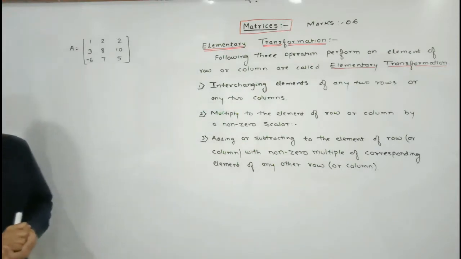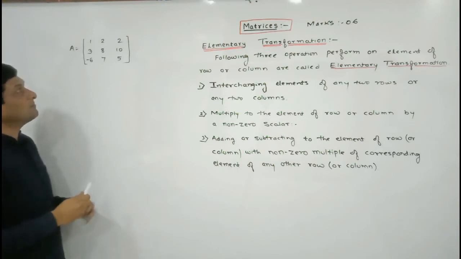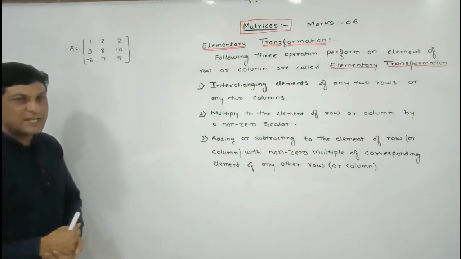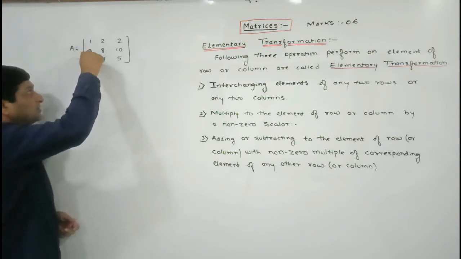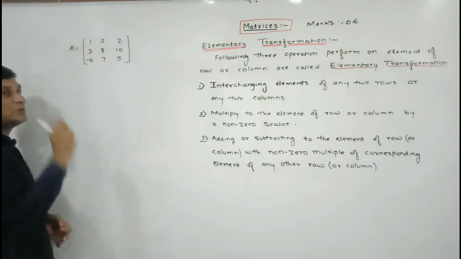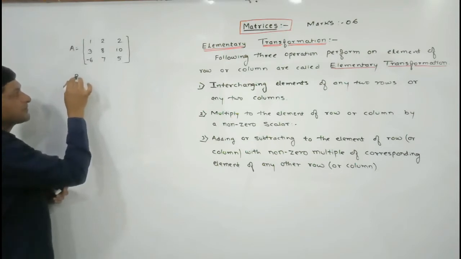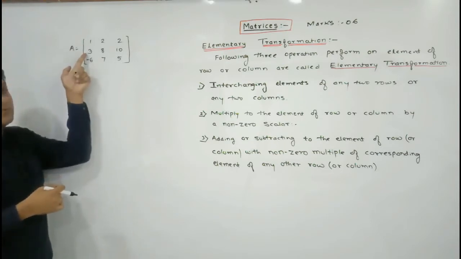Now we are trying to understand this operation by considering this example. One matrix we have considered here whose order is 3 by 3; we are able to consider any matrix. Now suppose that here we require 0, and here we will require 0. That means if we want to convert the first element of R2 into 0, our operation is on R2, and the element of R2 here is 3.